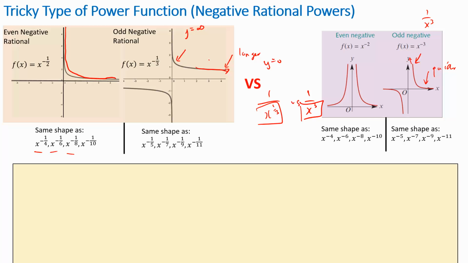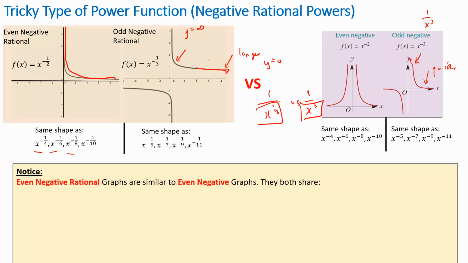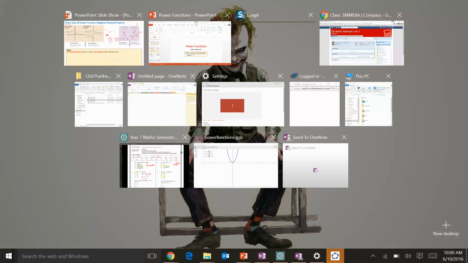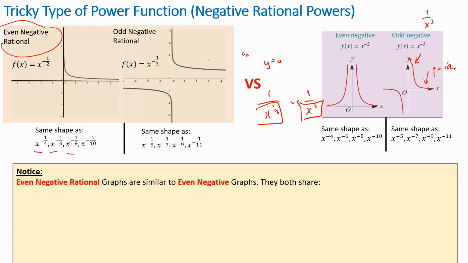So, the one thing I want you to take down in terms of your notes: even negative rational numbers, which is what I was saying at the start, even rational numbers, which is this one, are similar to your even negative graphs. They both share asymptotes at y equals 0, x equals 0, as x increases, y decreases.